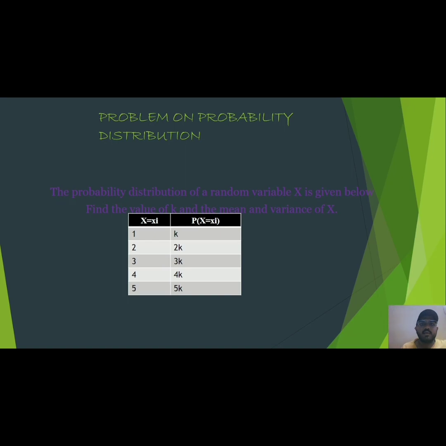Problems on probability distribution. The probability distribution of a random variable x is given below. Find the value of k and the mean and variance of x.